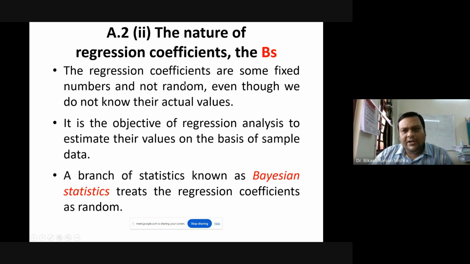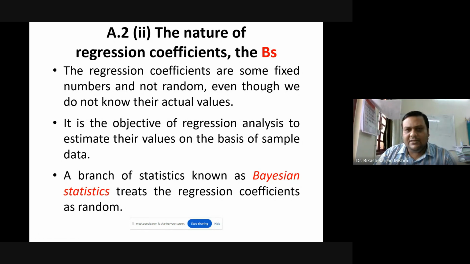There is also a branch of econometrics called Bayesian statistics or Bayesian econometrics, where they treat the regression coefficients as random. That advanced level is not covered over here. So what we are saying is that these regression coefficients are assumed to be parameters, not variable in nature. They are non-random in nature. That is another version of regression.